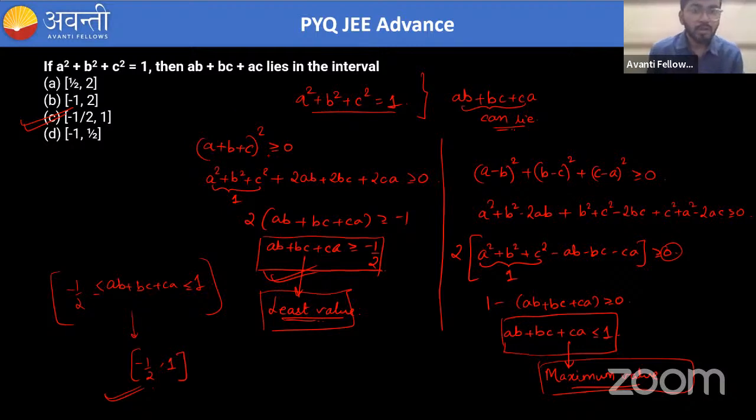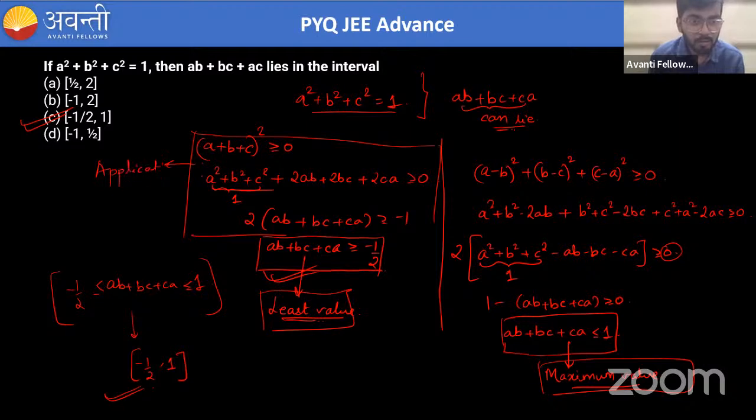So guys, in this question, you should remember that even if this question is not asked in the exam, the application of this method can surely be asked, because most of the students would not be able to recognize how, why and when to use this equation.